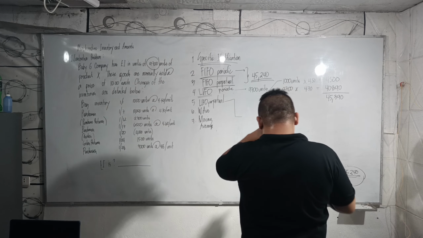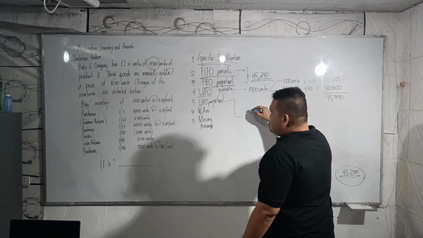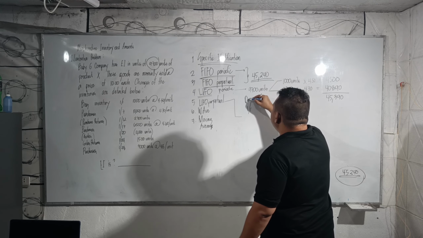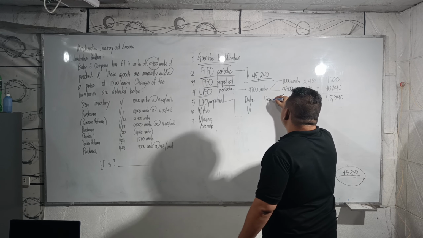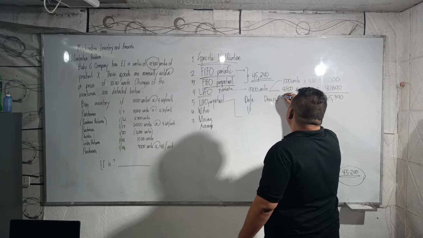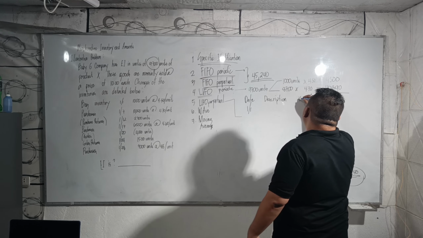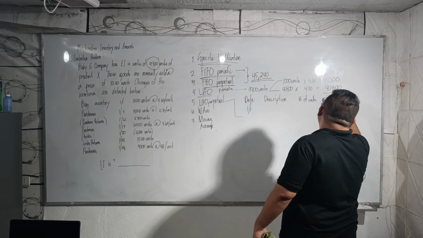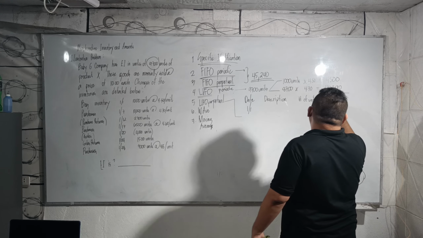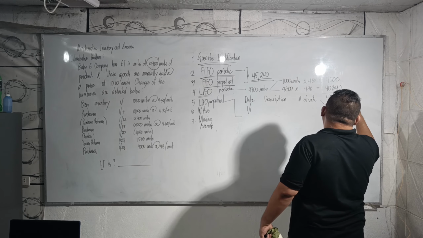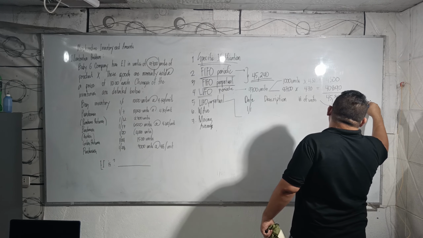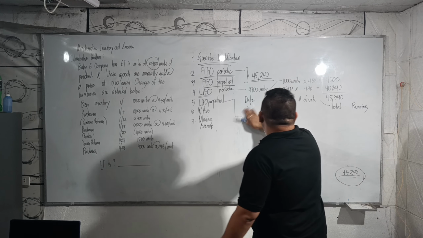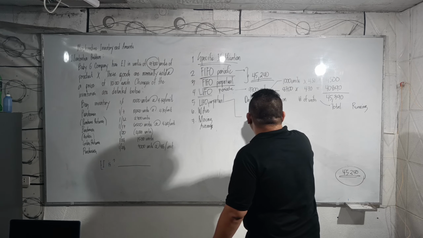Like for example, we have on 1-1, the date, the description, the number of units, the total, and the running total. Let's put it right here.